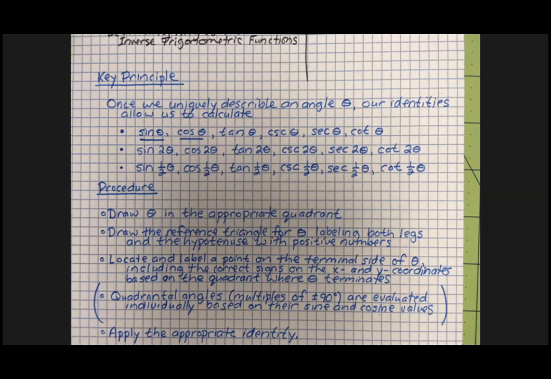But those are the points on the unit circle where the unit circle intercepts the x and y axis. Plus and minus 1 and 0, those are the sine and cosine values for any quadrantal angle.